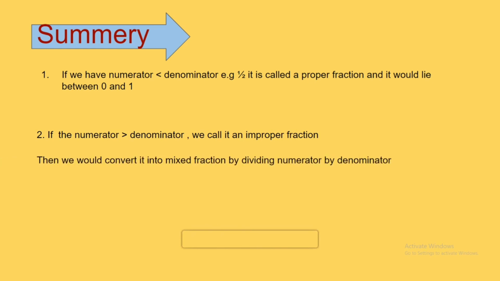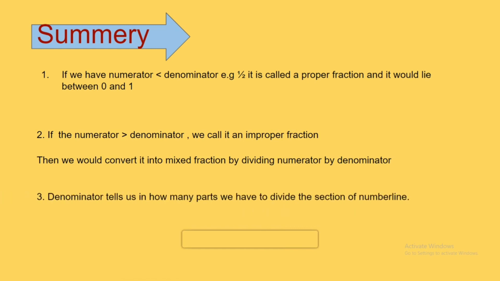To plot it on the number line, we convert it into a mixed fraction by dividing numerator by denominator. Denominator tells us in how many parts we have to divide this section of the number line, and numerator tells us which part to pick.